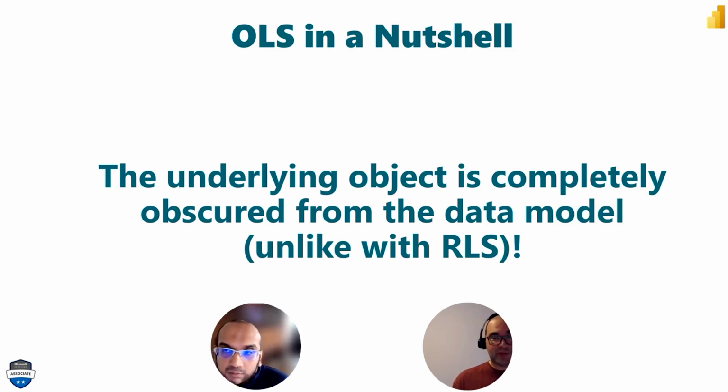The main difference is not just that it works in a different direction, but that with row level security, every query will be wrapped with an additional where clause to filter the data based on a condition. Whereas in object level security, the underlying object is completely obscured from the data model. So it doesn't exist. It's not part of your data model anymore.